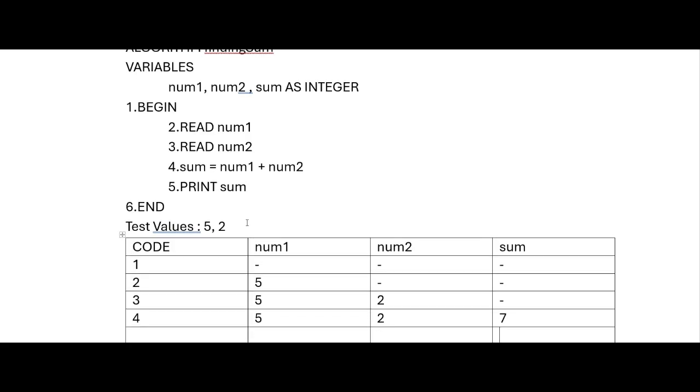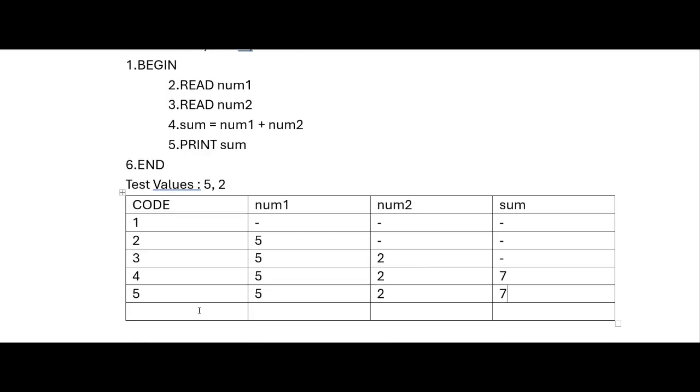Then on line 5, where it says print sum, all of our values remain the same because we have not changed any of them. So num1 still has 5, num2 still has 2, and sum will still have the value 7 inside of it. Remember, we have another line, which is our ending. So at line 6, we still have 5 inside of num1.